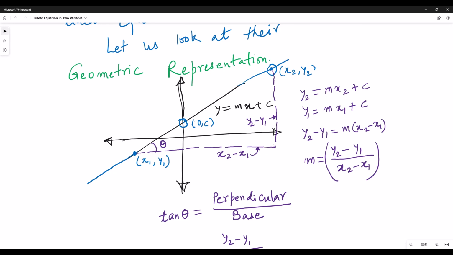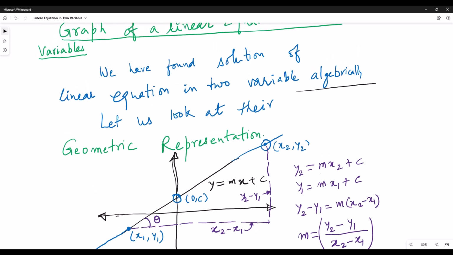Through 2 points only one line can pass, and if the third point also lies on it, and you plot all the solutions, you will find that all those points lie on a single line. So a linear equation in two variables can be represented by a straight line.